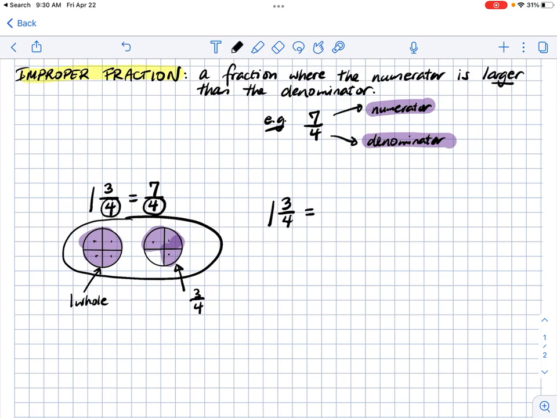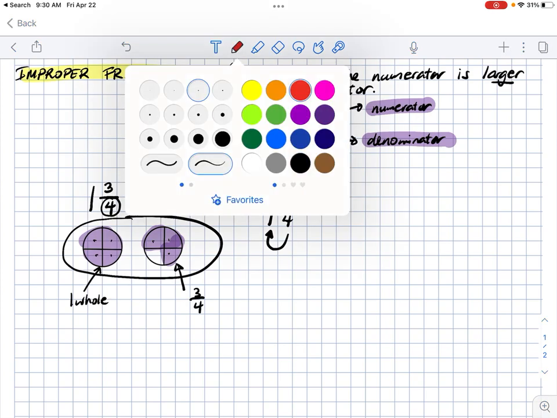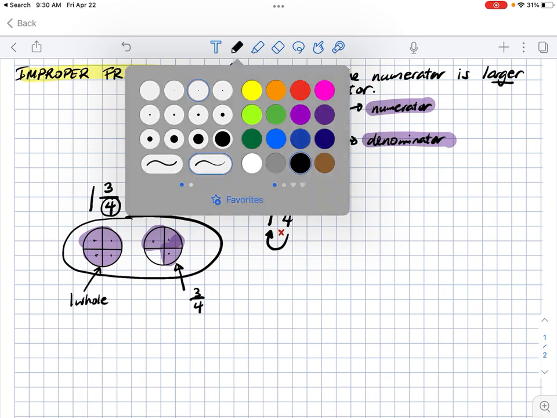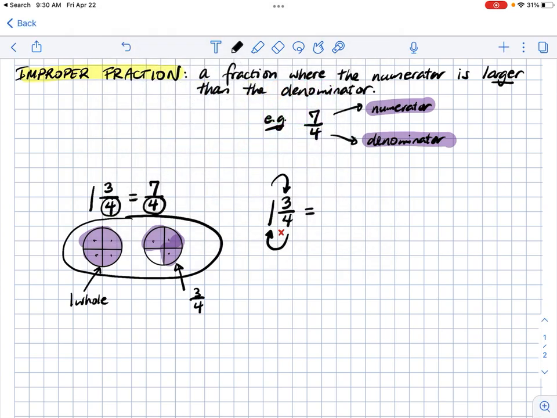So when you're converting a mixed number to an improper fraction, you multiply the denominator by the whole number first, and then you take that number and add the numerator. Remember that the denominator stays the same in both cases.